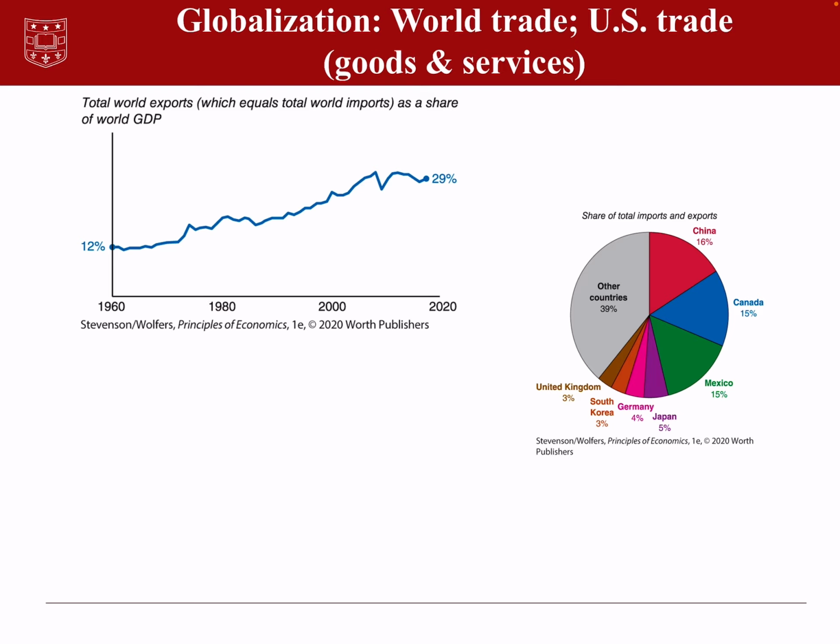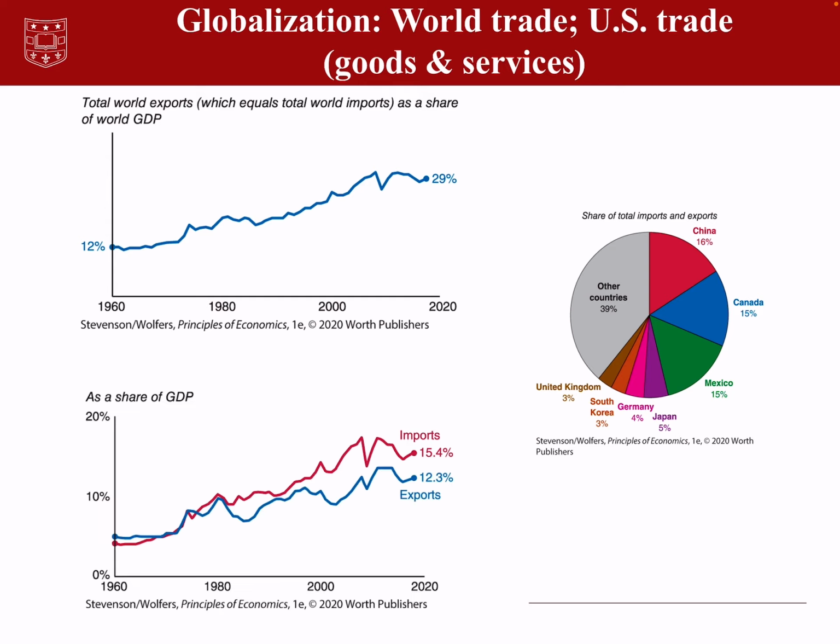What I want you to do is just understand that this provides the context for what we're talking about. Even though the United States trades with lots of countries, the United States is different from many others. You can see a further description in the textbook, in that while trade for the United States has grown significantly, it is the case that the United States is a relatively closed economy.